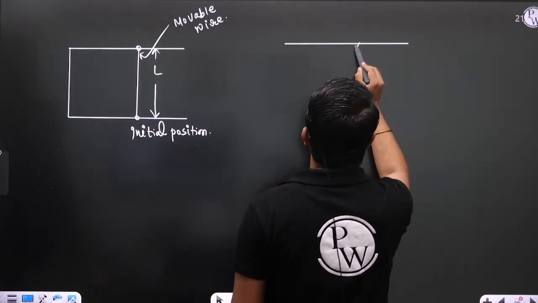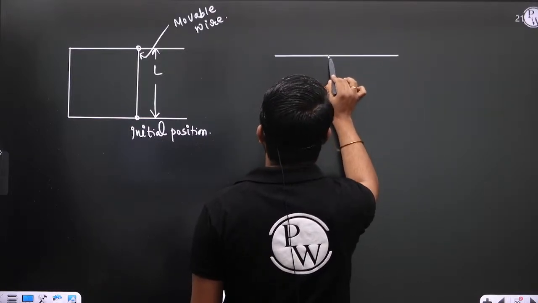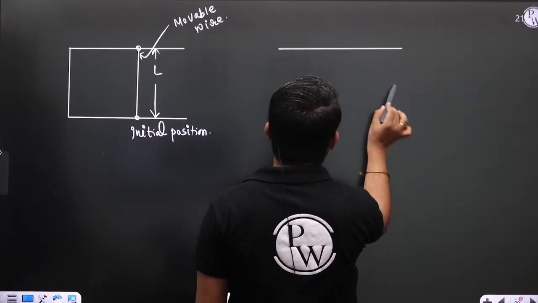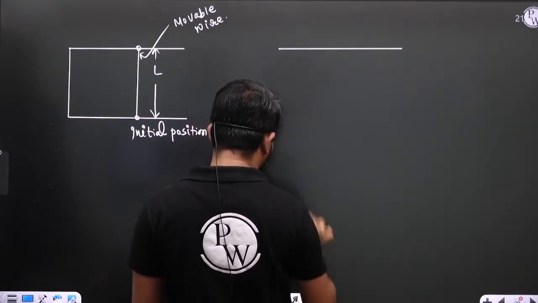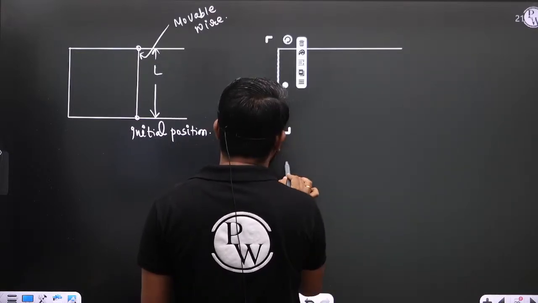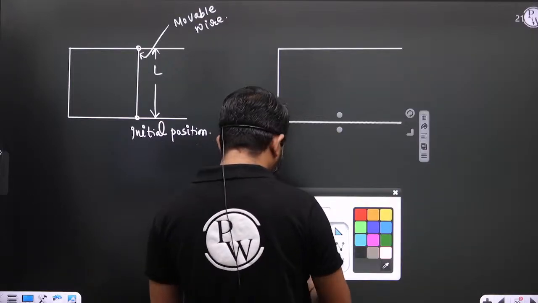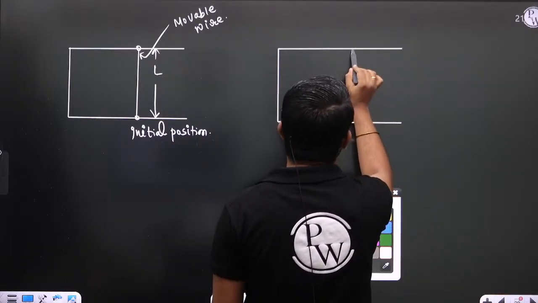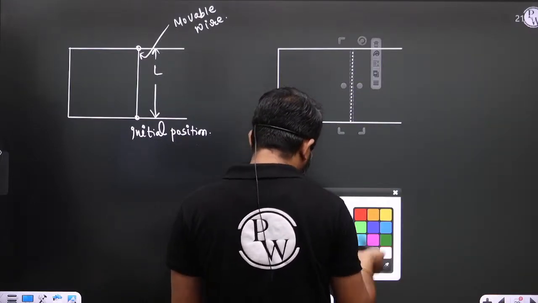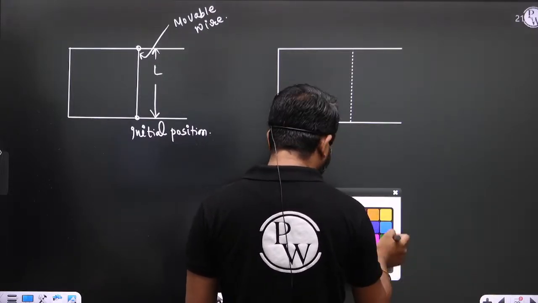So again, this is your U-shaped wire, and this is the initial position of the movable wire. Now what is the final position when you are putting it in a soap solution? Then this is the position.